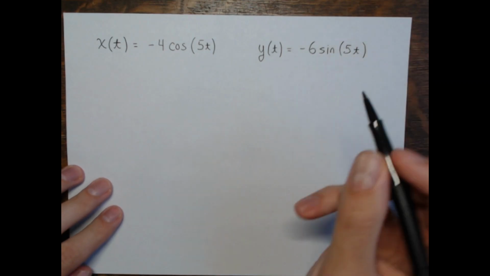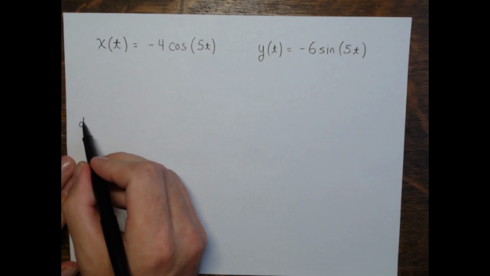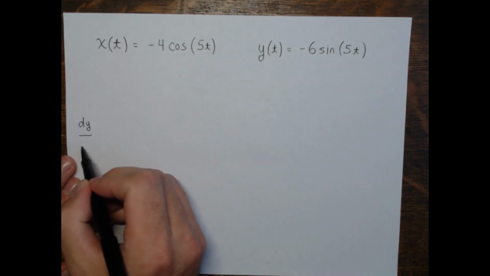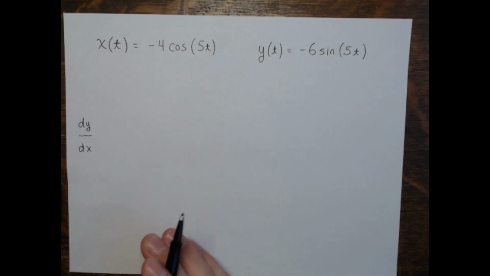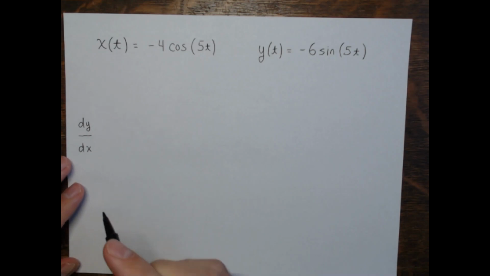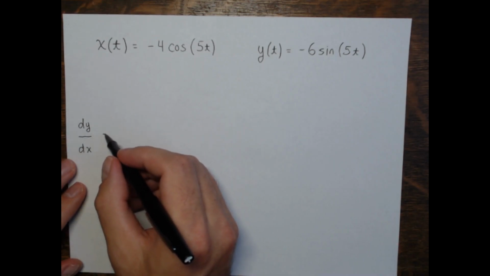All right, and when we're going to find dy over dx, right? The y prime with respect to x, the slope of the tangent line to the curve being traced out.